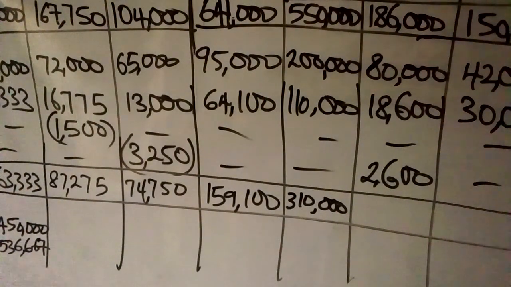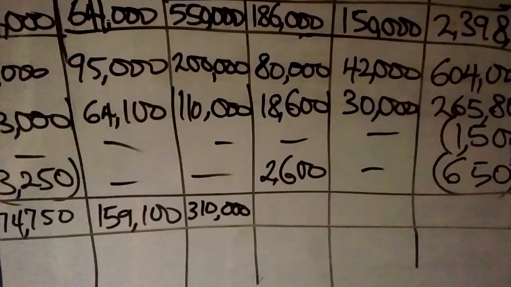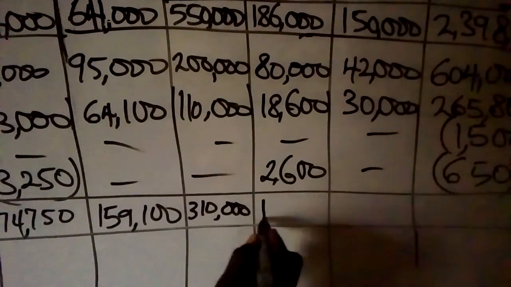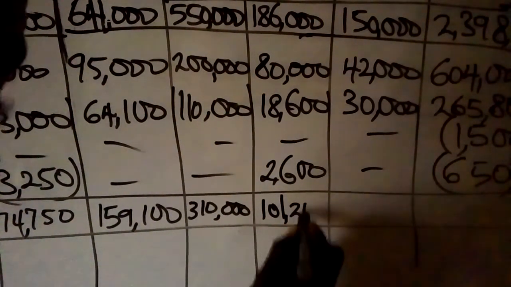Then 80,000 plus 18,600 plus 2,600. That will cast 80,000 plus 18,600, that will be 98,600, plus 2,600. That will be 101,200.